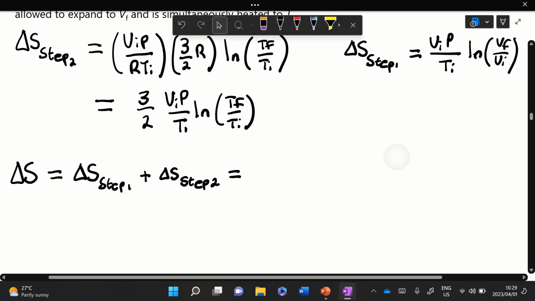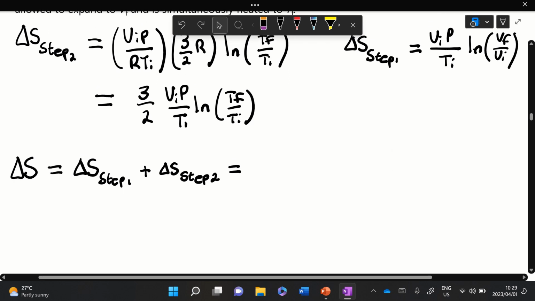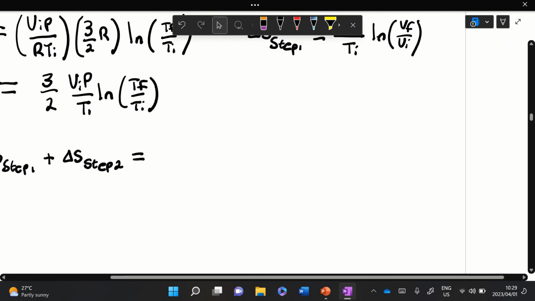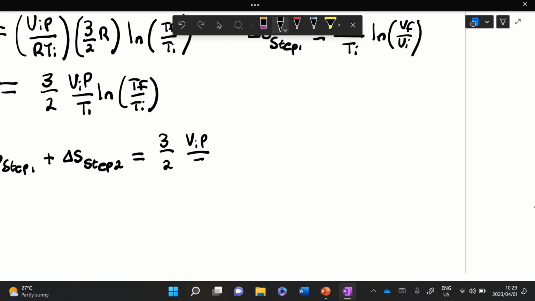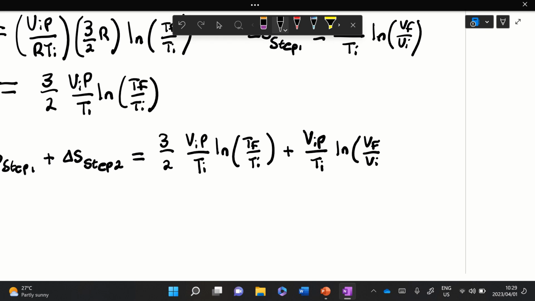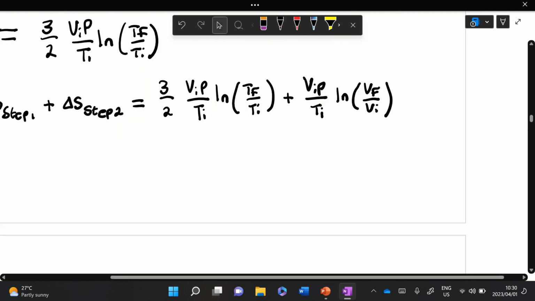Is then equal to, let me write this out neatly, because the point of me doing these videos is not to skip steps. VIP over TI ln of TF over TI, plus VIP over TI ln VF over VI. Right.